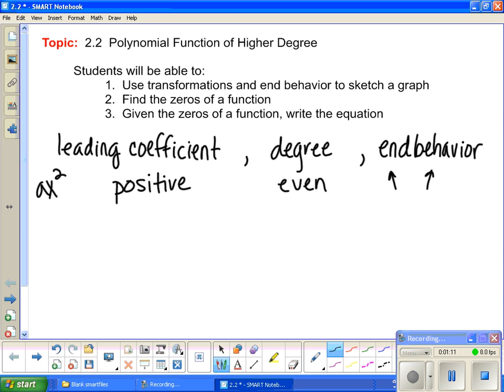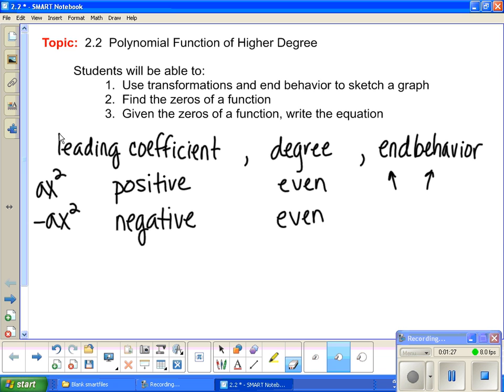If the leading coefficient is negative, like in negative ax squared, and the degree is even, then the end behavior is such. It opens down.